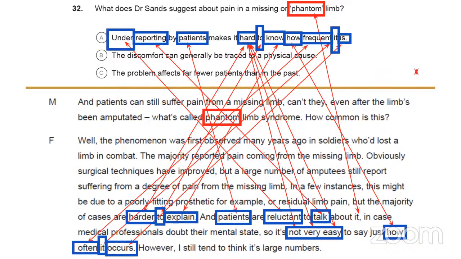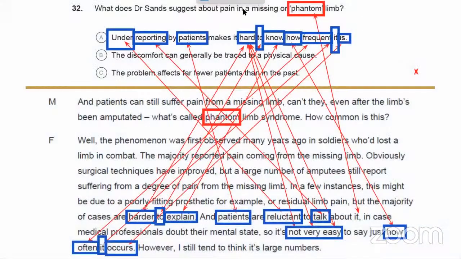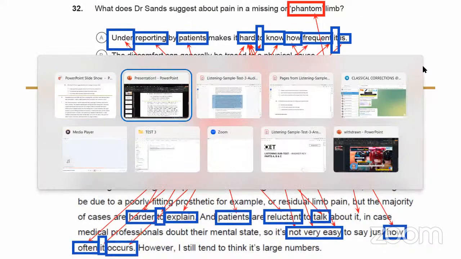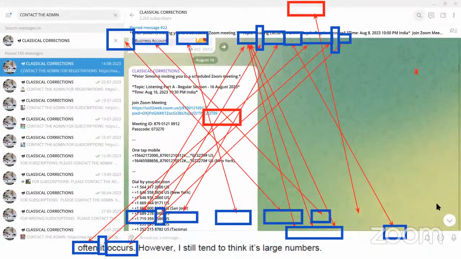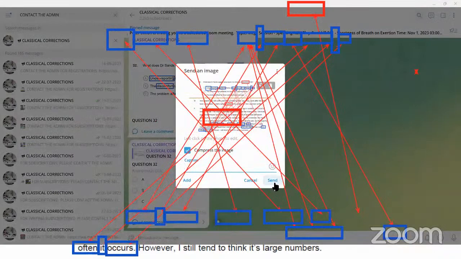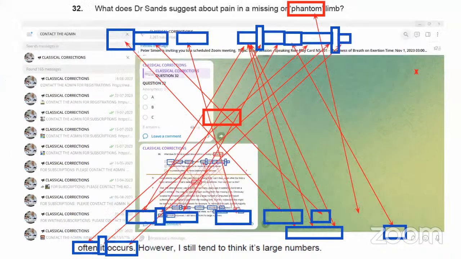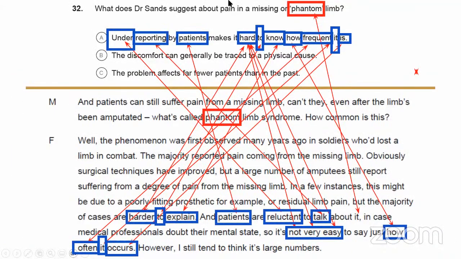So this is listening converted to reading. So you will know how the synonyms are working. So 2 questions have been explained now. Go through these questions and try in the same way.